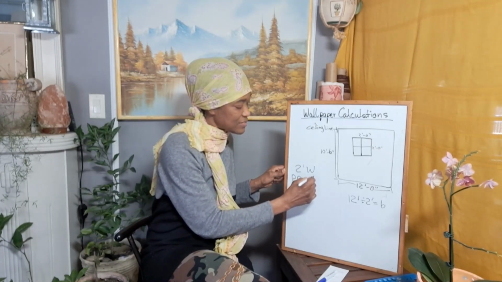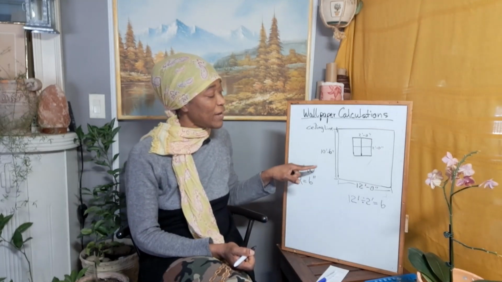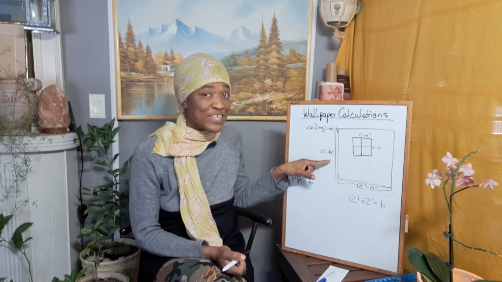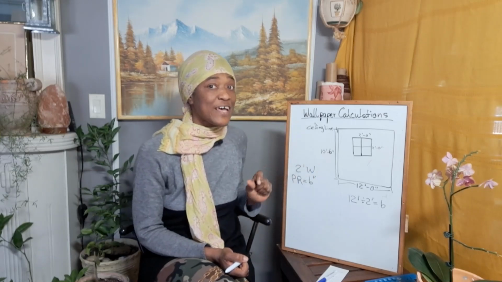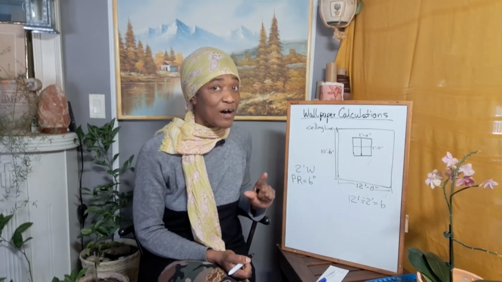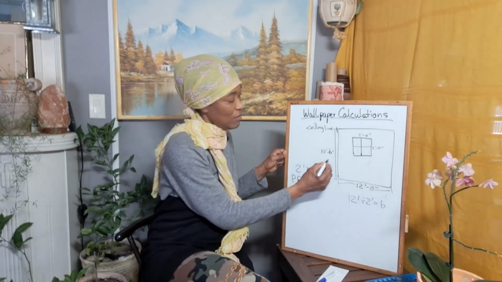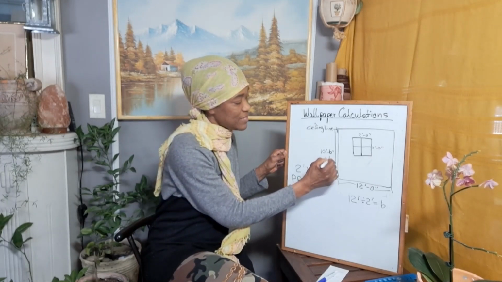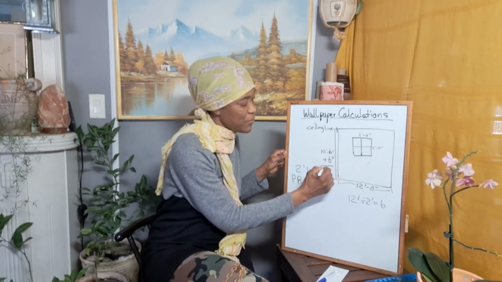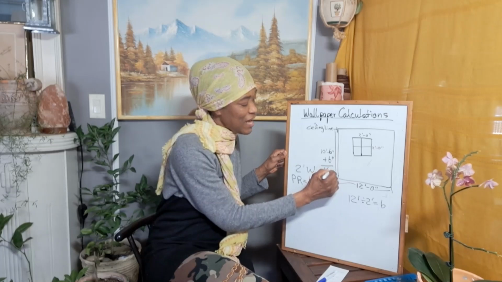We will take this 6 inches pattern repeat, go ahead and add it to 10 feet 6 inches, which is the height of the wall. So that's plus 6 inches, and here we have 11 feet 0 inches.